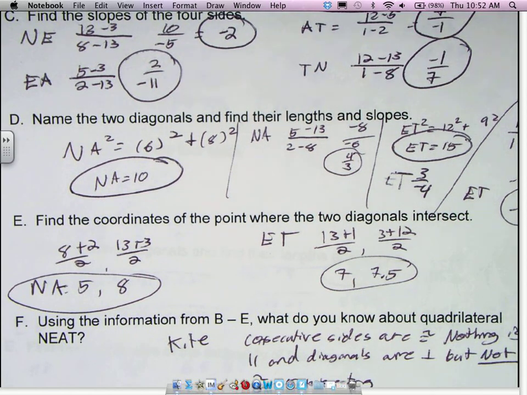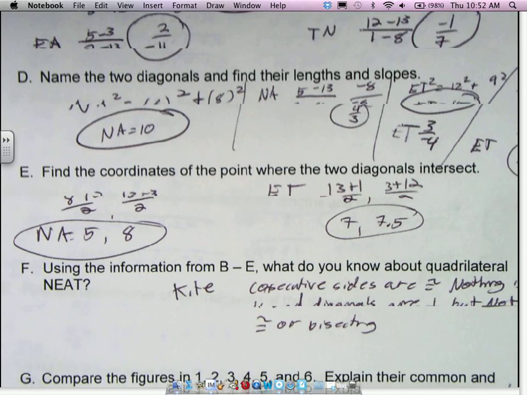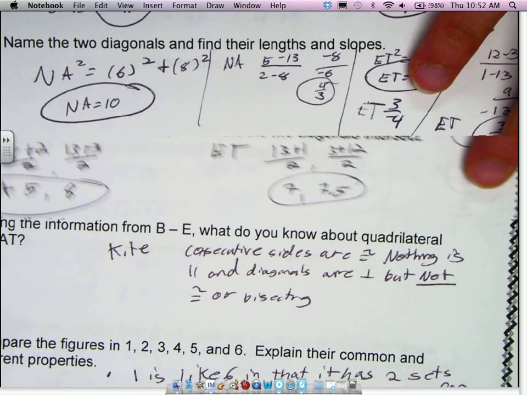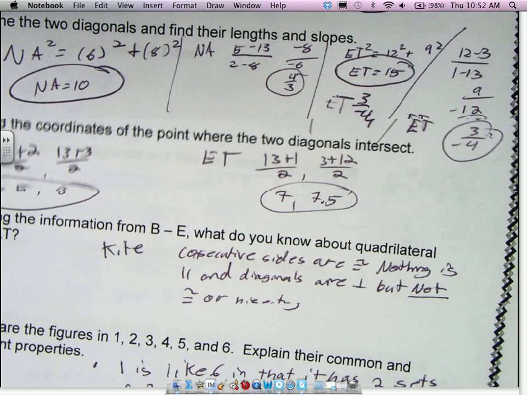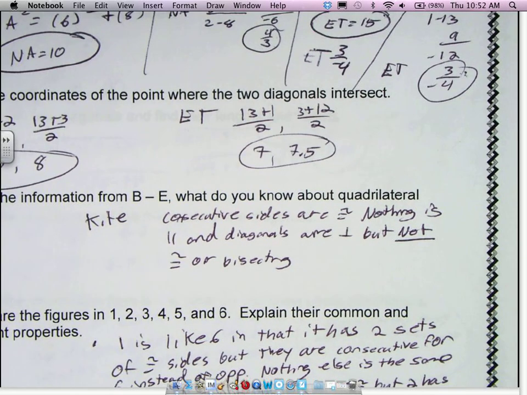Okay, I'm going to cover up C so that I can do F. F is a kite. Consecutive sides are congruent. Nothing is parallel, and diagonals are perpendicular, but not congruent or bisecting.